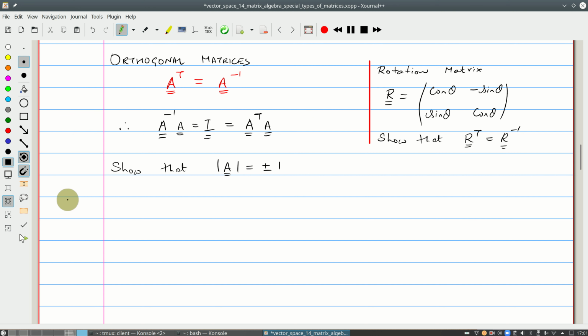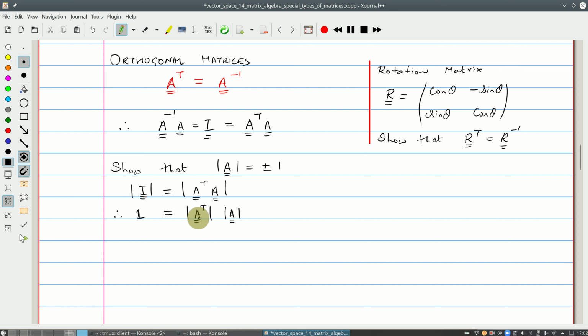Well, let's see. Start with the determinant of this equation here. So the determinant of the identity is equal to the determinant of A transpose A. Now the determinant of the identity is just 1. Therefore 1 is equal to the determinant of the product of 2 matrices, which is the product of the determinants of each matrix.